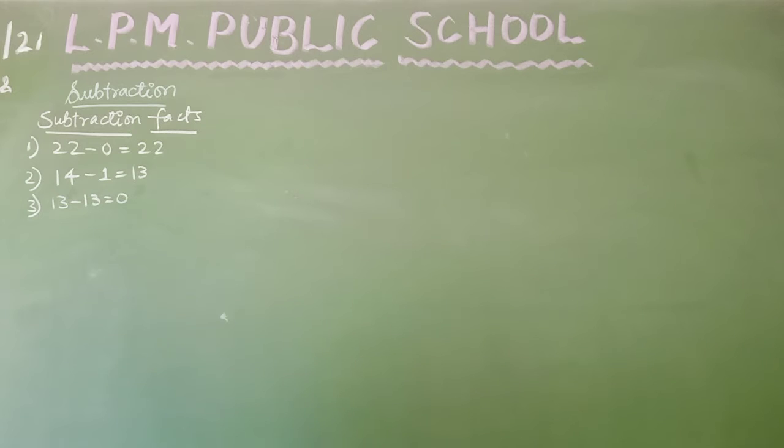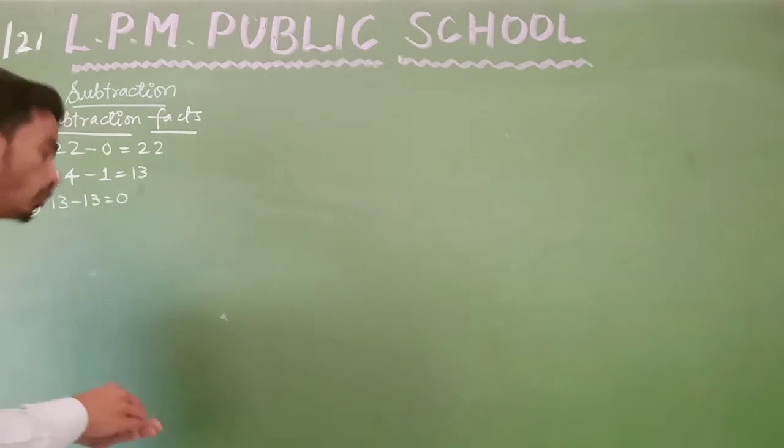Now come to the topic subtraction without regrouping and subtraction with regrouping. Firstly we have to learn subtraction without regrouping. Come to exercise 3.1. So let's come to exercise 3.1.